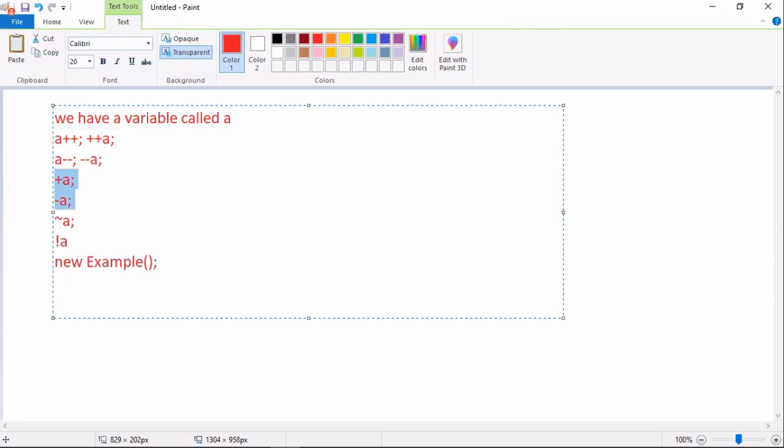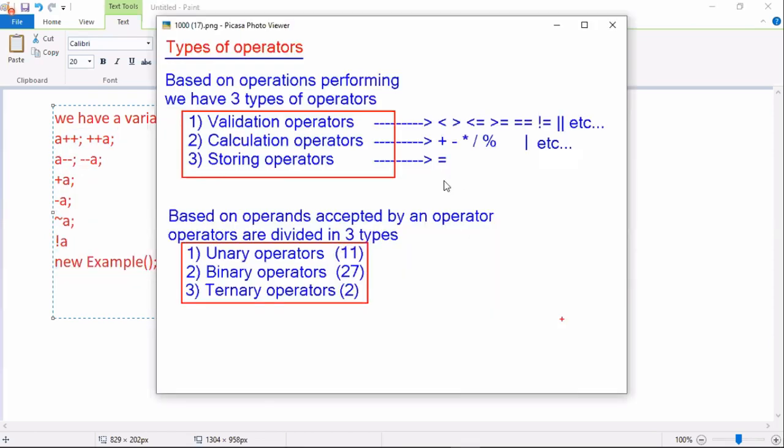Plus, minus, and next tilde, which is generally called tilde but is actually the bitwise complement operator. We call the other one not. All right, so totally how many are there? Including the new operator: 1, 2, 3, 4, 5, 6, 7. So Java supports 7 unary operators.